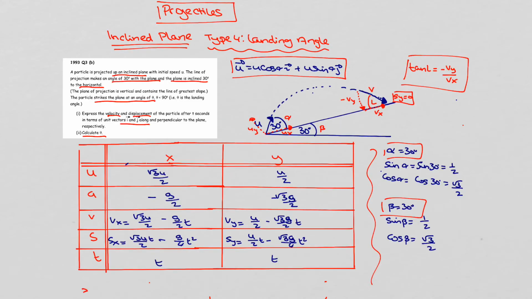Okay, so the second part then says to calculate theta. So as normal, we say on landing, we know that sy is equal to 0, and this is going to allow us to find our time of flight.